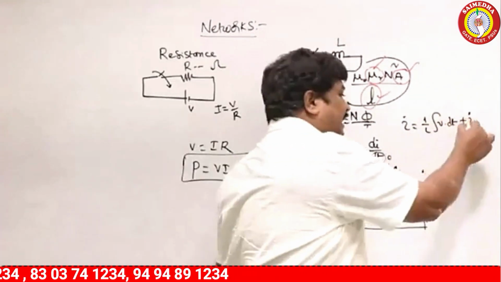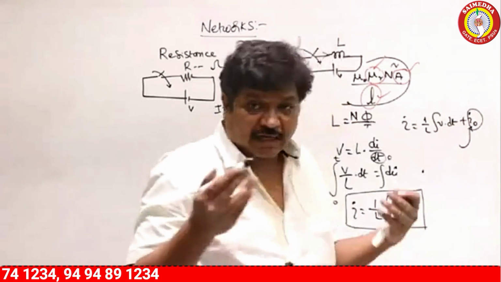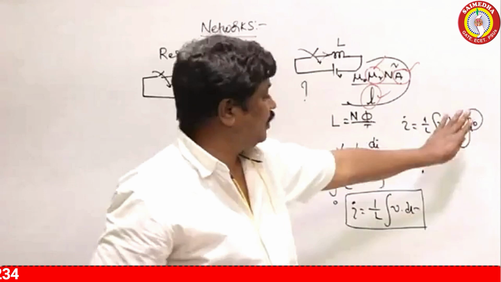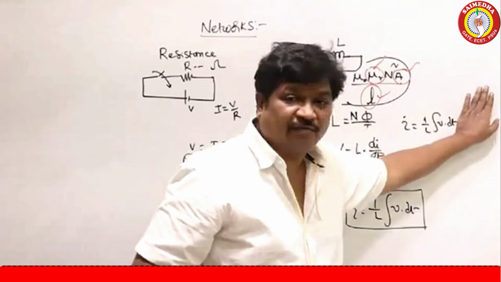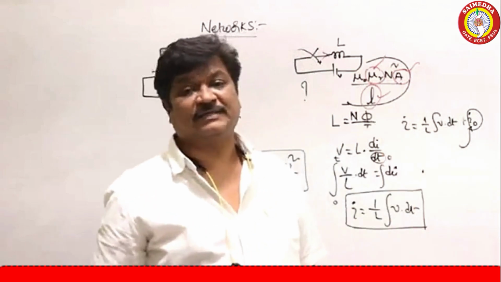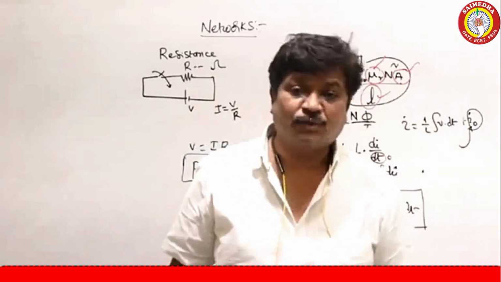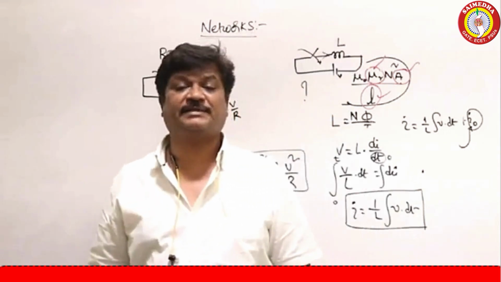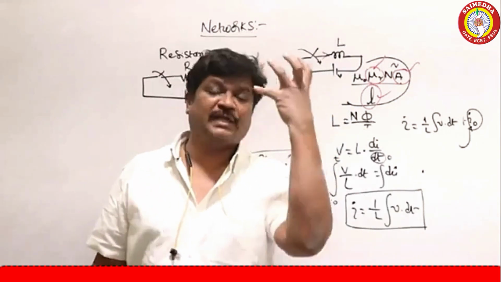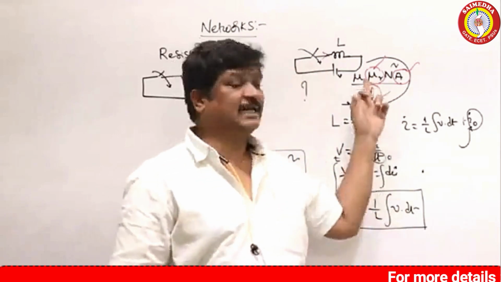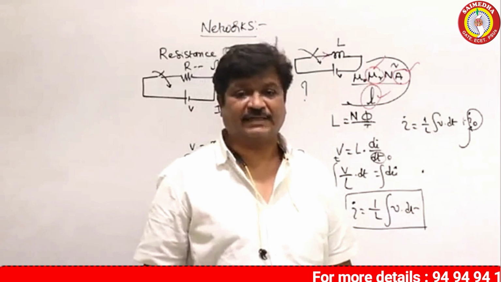If it does not contain any stored energy before the operation, we get only this equation. If the inductor has already stored energy, we have to take I naught. Sometimes the inductor is also considered as a current source. When the inductor is already storing energy and the switch is suddenly operated, it acts like a current source.